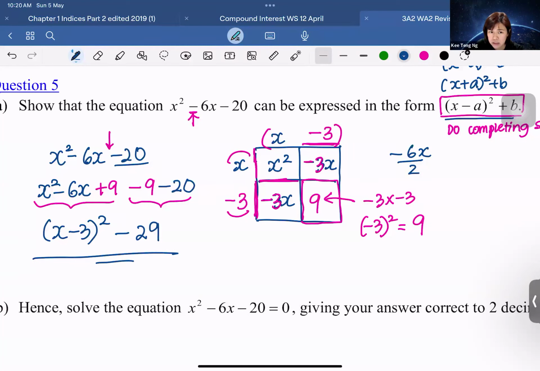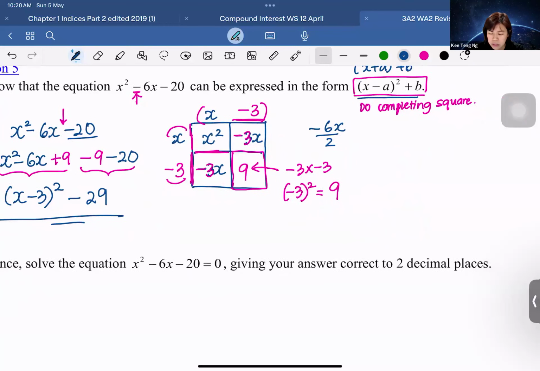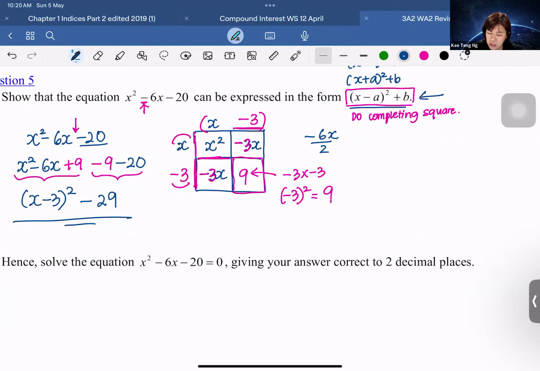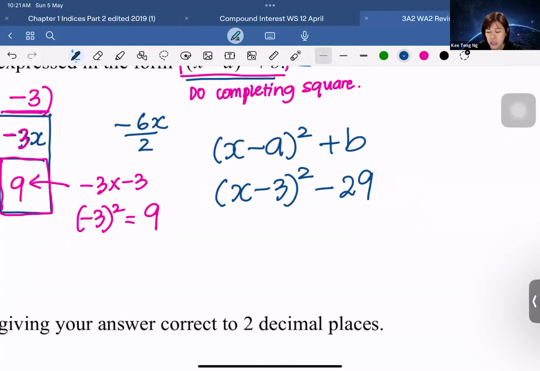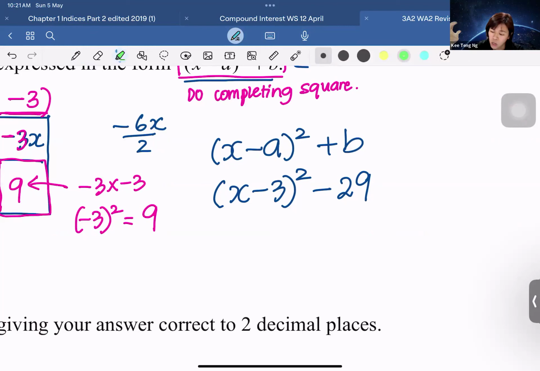Have you gotten the concept? Now I'll sidetrack a little bit. What is the purpose of looking at this? Sometimes certain questions may ask me to write down the value for A and B. Let's compare these. I have written down the answer in completed square form already. If I were to compare the answers, you can read from here: this one over here is x minus, then what will be A?